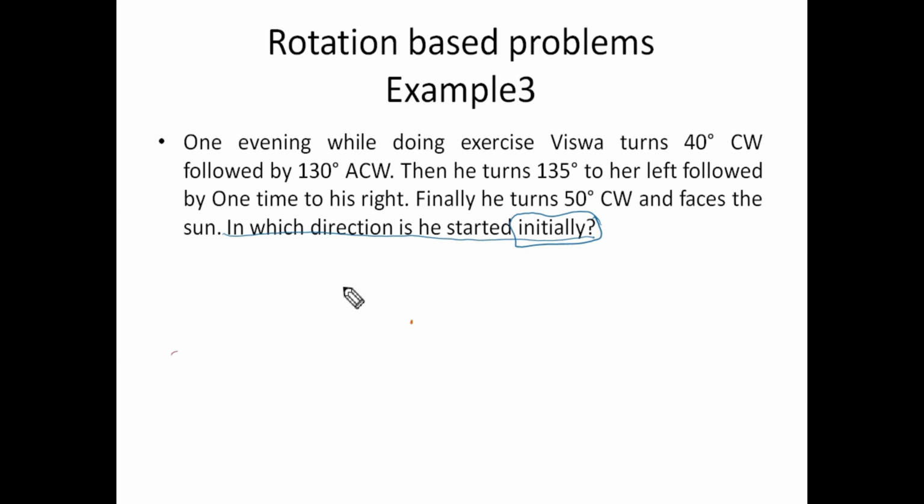First we need to find the resultant angle. Somewhere he started the rotation, and we don't know that point. One evening while doing exercise, Vishwa turns 45 degrees clockwise, followed by 130 degrees anti-clockwise, followed by 130 degrees anti-clockwise.